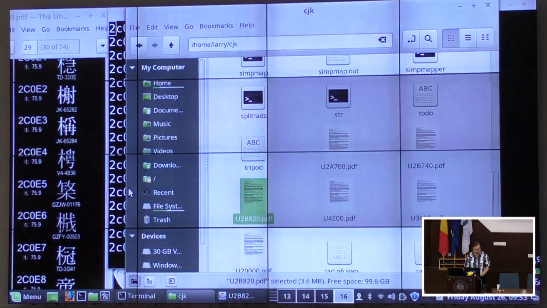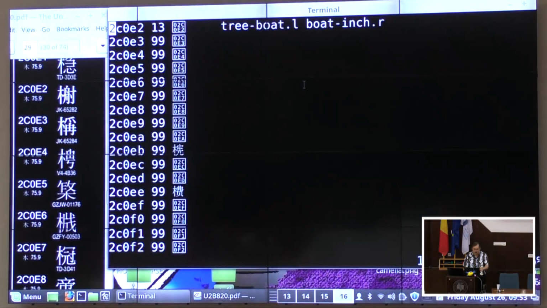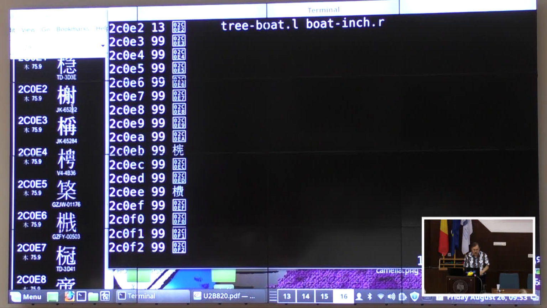So E2 here, whoops, that's not what I want. Okay, so 0E2, you can see over here is tree on the left. Actually, it's tree and boat on the left and boat an inch on the right. So there's an ambiguity in how you parse that. It has three parts, but you can view it as 2 and 1 or 1 and 2. It's probably 1 and 2, but you might look it up either way. So I write it both ways.